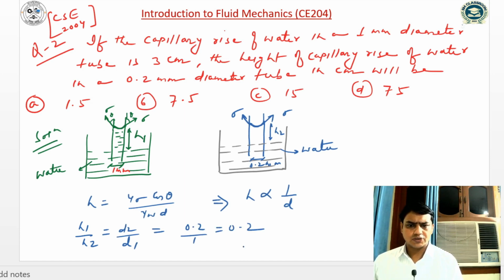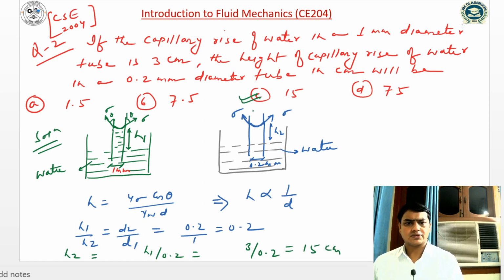So H2 is equal to H1 by 0.2, that is 3 divided by 0.2, so it will be 15 centimeter. So option C is correct, 15 centimeter.